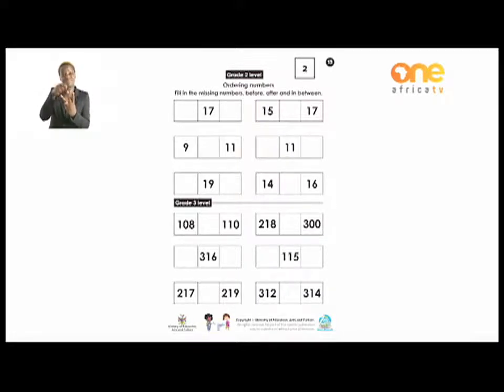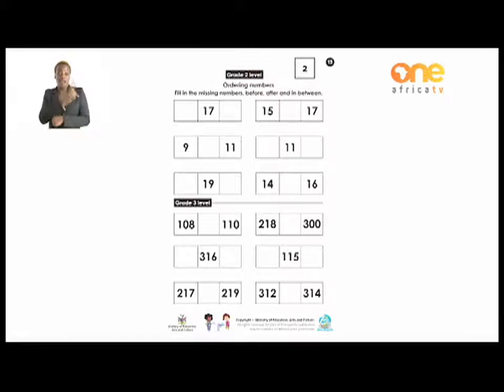It's the number 17. So before we say number 17, which one comes first? 16, very good, awesome. And now after 17, there's a number that follows. Which one follows after 17? 18, beautiful. Let's also do the next one.